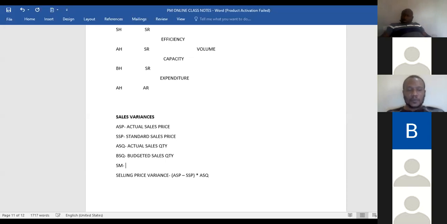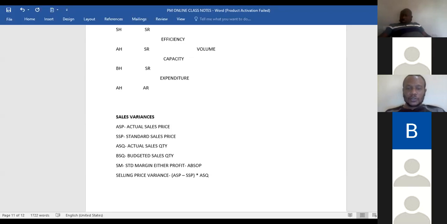So our standard margin will be either profit margin. Profit will be where we have absorption costing. So all these things should start. We're not saying anything strange.